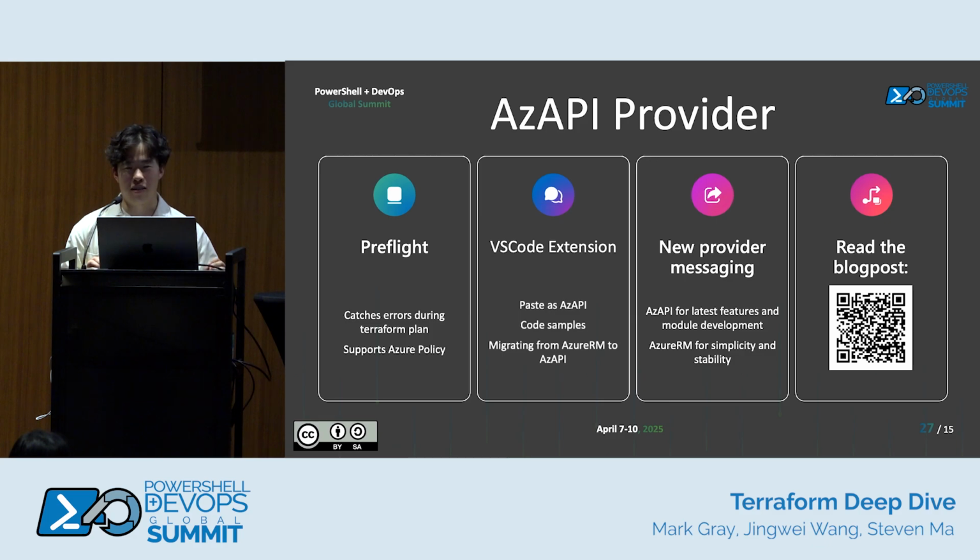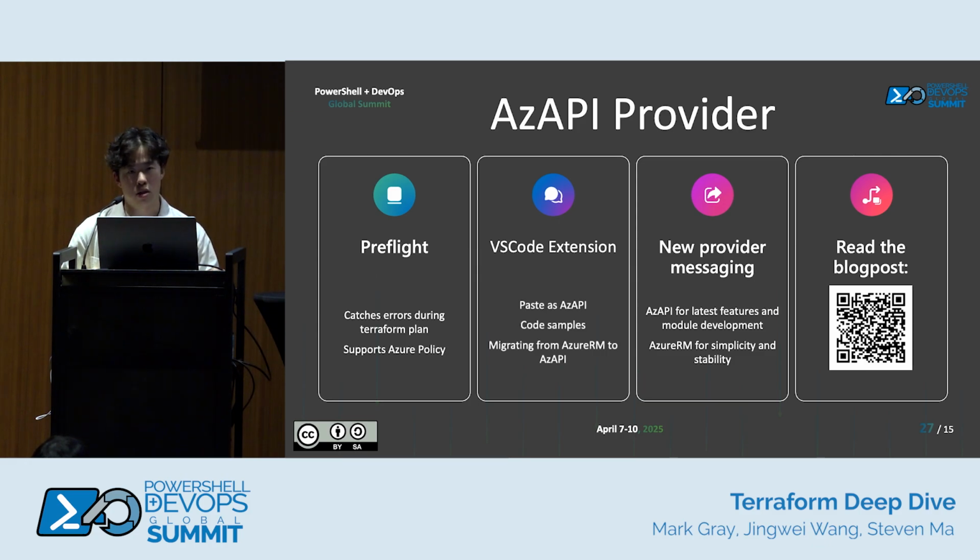And in V2, we have several features that we want to call out. Preflight is one that I will immediately highlight. If some of you aren't familiar with how Preflight works, it essentially is a backend API that will catch errors of two types during the Terraform plan phase. This is a provider-enabled feature flag.